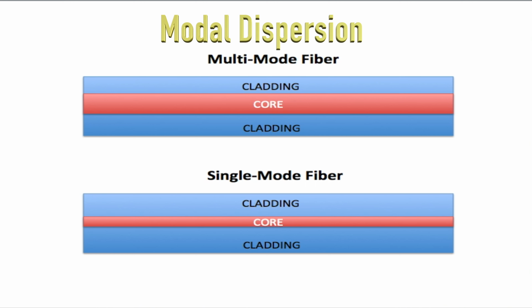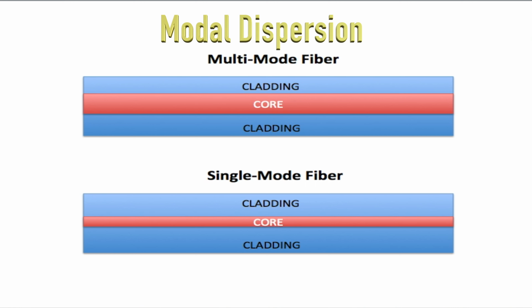When enough light from these paths fails to reach the receiver within the allocated time frame, the receiver would struggle to determine whether the transmitted signal is a 1 or 0, leading to errors in the transmission. This limitation is a key factor in the shorter transmission distance of multimode fiber.